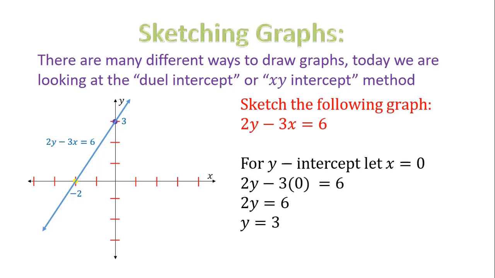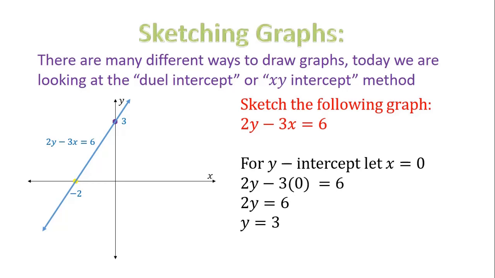Now the last thing to remember is that with this graph we don't even need those little calibrations or those little lines. We're just estimating where the -2 and the 3 are situated. If we were off by a little bit, it would not matter, as long as we've labeled them -2 and 3.